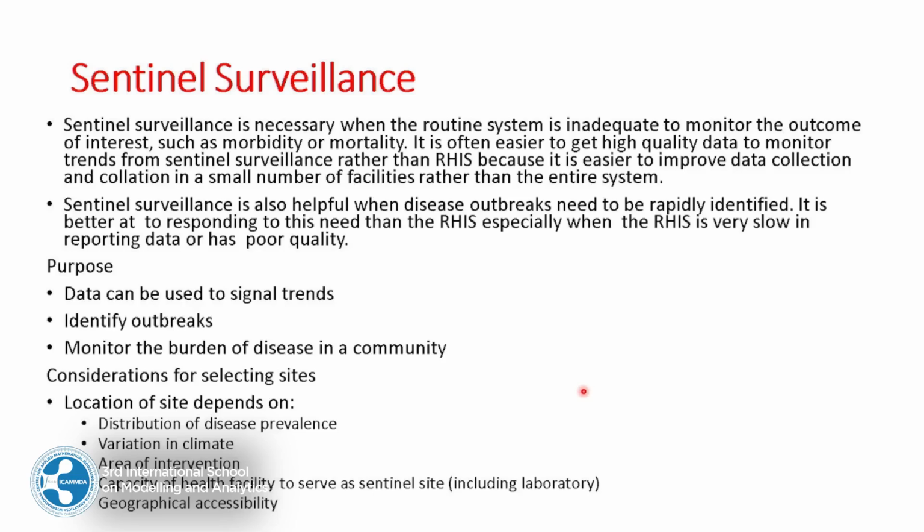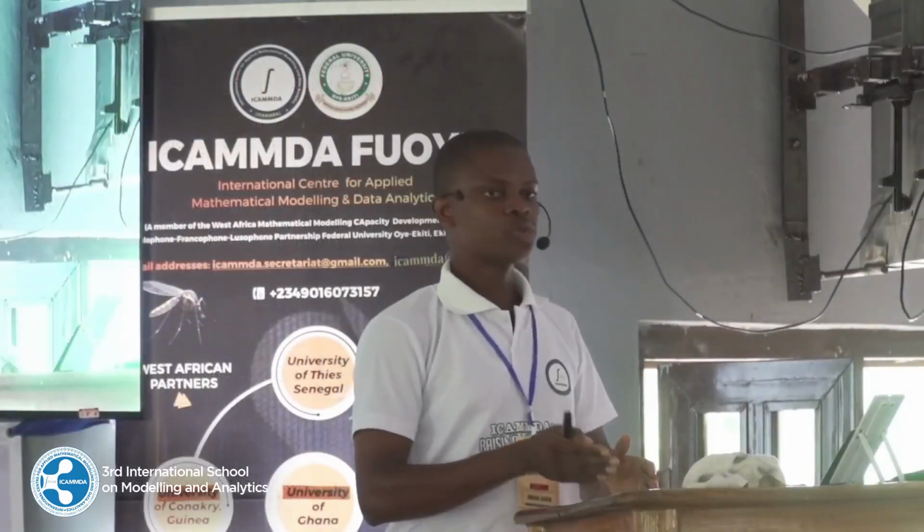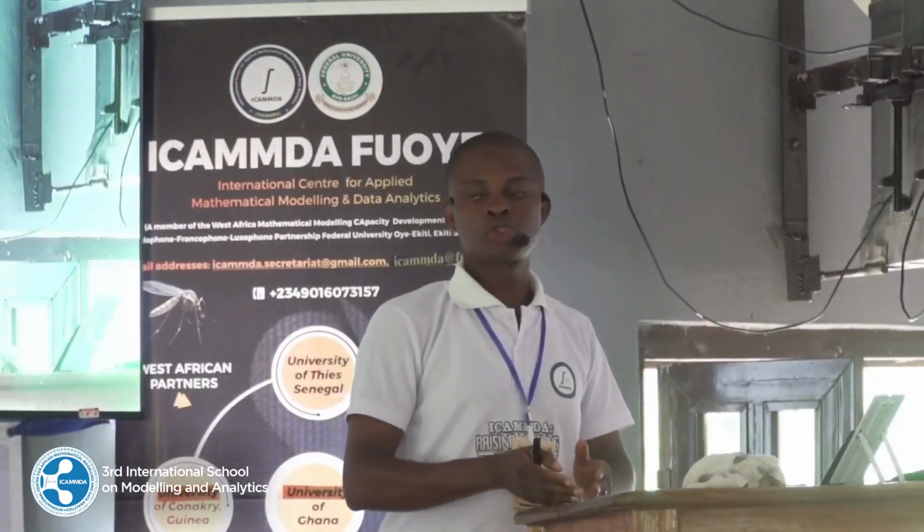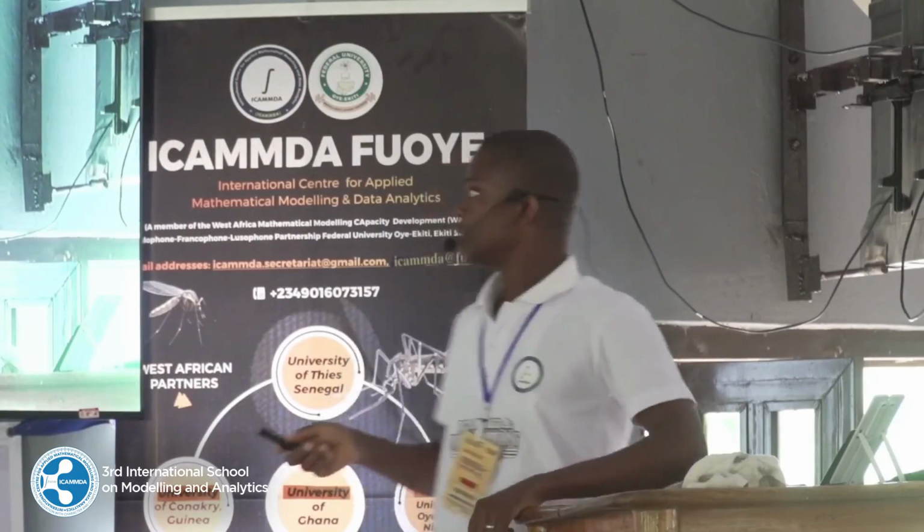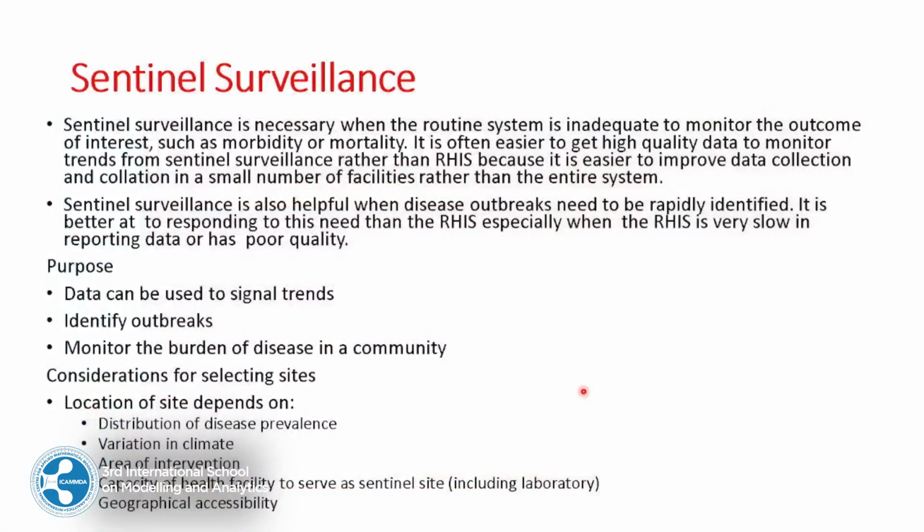For example, we have Ebola, and when Ebola came, we began to see places where sentinels were to be set up, and also for a particular disease of interest, for example Lassa fever, so that whenever we see suspected cases, we can refer them to those sites, and then the confirmatory test will be done.